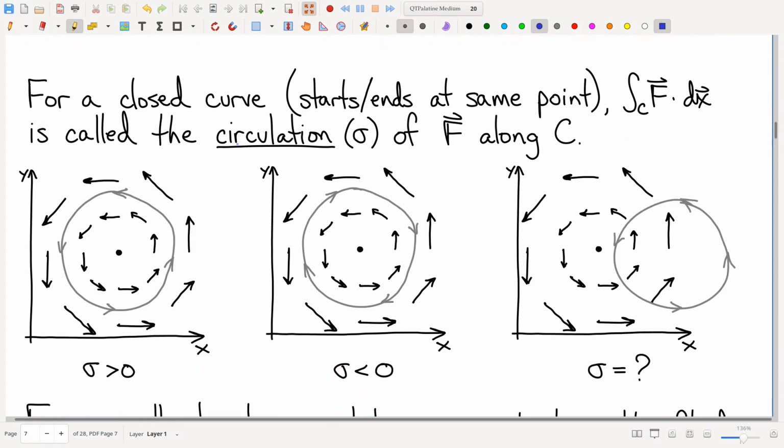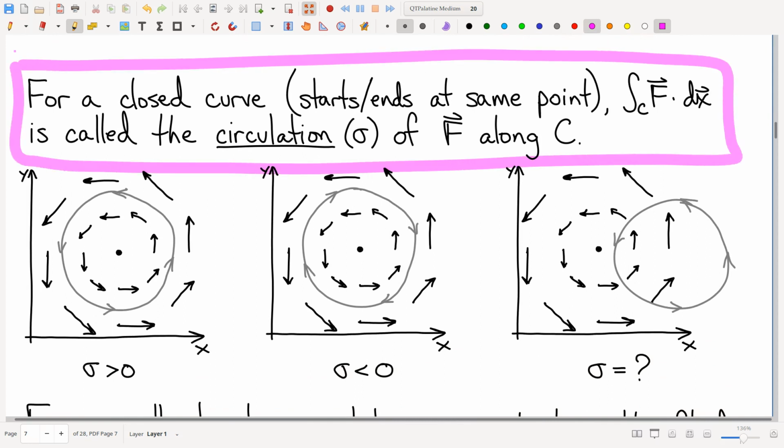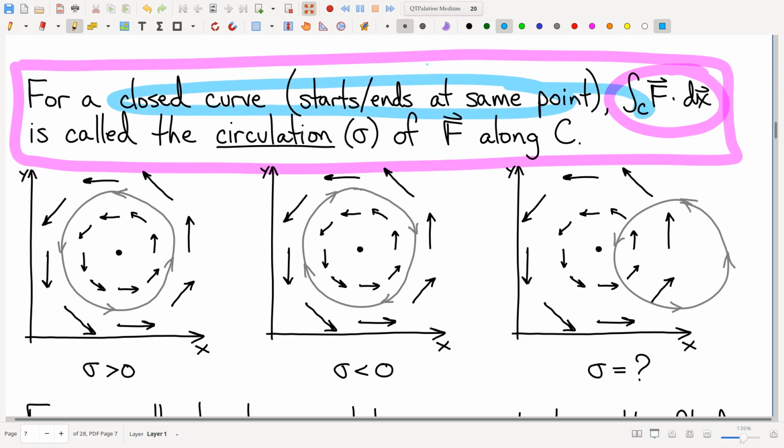Real quick, I am going to give you a quick definition. We'll motivate this definition momentarily. A vector line integral, in the scenario where the curve is a closed curve, very importantly, this little discussion we're about to have is only for closed curves. The curve starts and ends at the same point as I've drawn here.